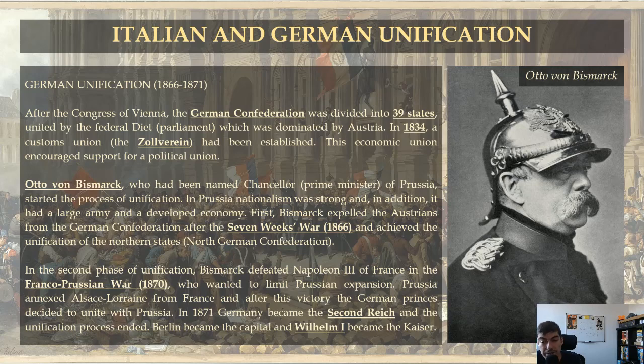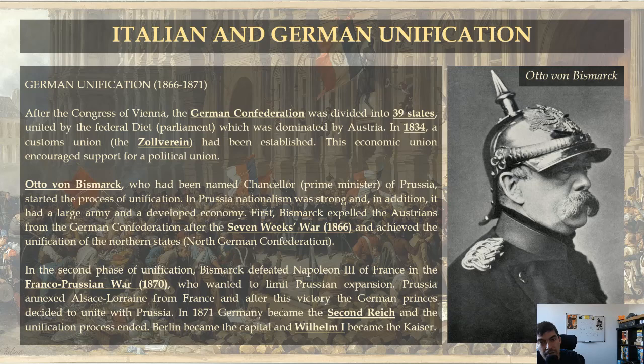And in the second phase, Bismarck defeated Napoleon III of France because Napoleon III declared war on the Prussians, and Bismarck used this to his advantage because he managed to unify all the German states after the Franco-Prussian War of 1870. Well, it really ended in 1871, but in this year the war was already won.